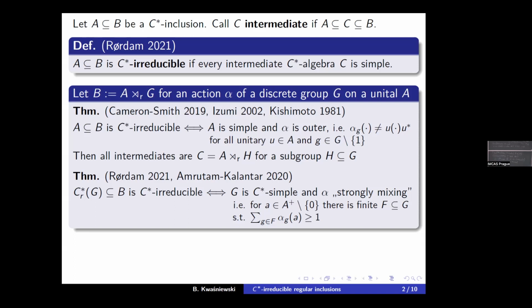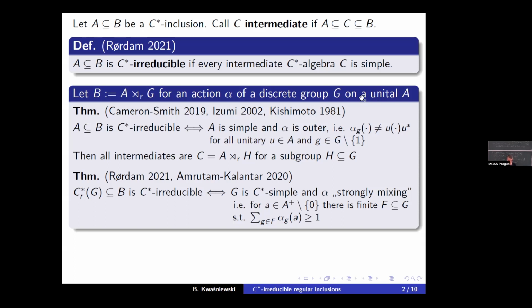So this means that this is larger than one. And Amrutam also, under some conditions, described these intermediate C*-algebras as cross products by this G on some G-invariant subalgebras of B containing A.